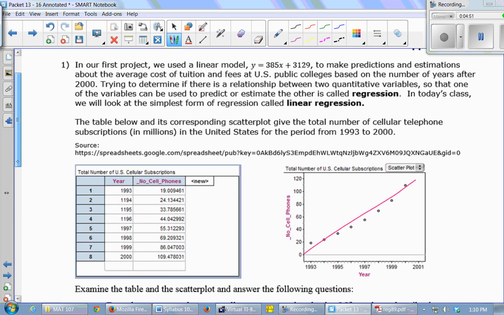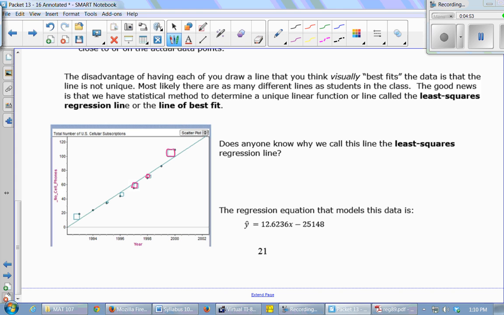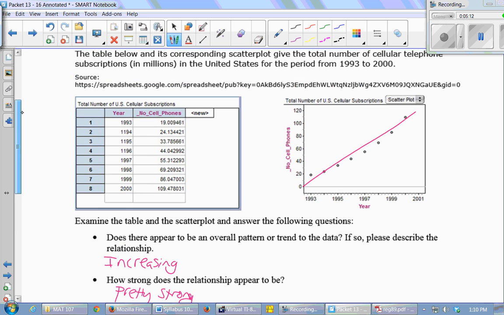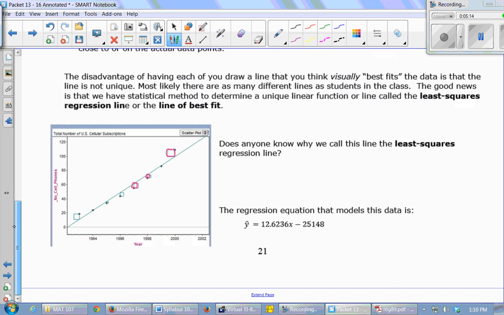That little thing above the y is a little hat. I know I fixed it on mine, but I had already printed yours. That y hat indicates that it's an estimated value. So we have some exact x, y values, like for example, we have 1993, comma 19.